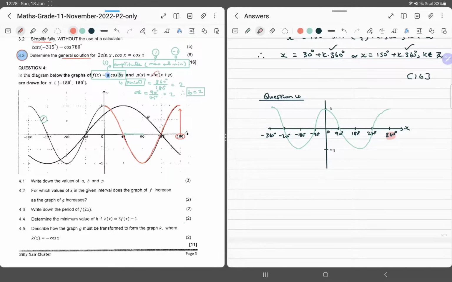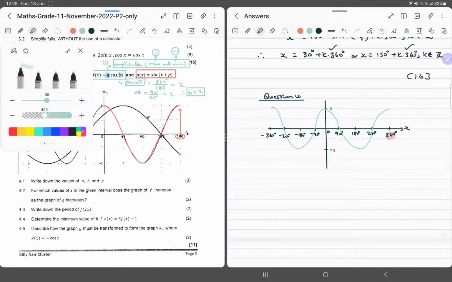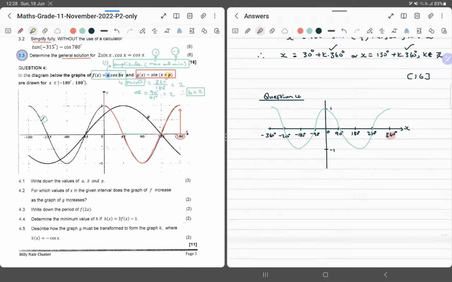Now the next function is g of x is equal to the sine of x plus p. Now that is a problem, because it says once we're adding a p, we are doing a horizontal shift.